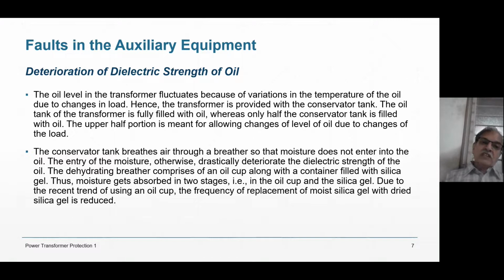So if the dielectric strength deteriorates, then the fault will occur, because its dielectric strength is less and your distance is based on the fresh oil, or if not fresh, at least 150 kV per centimeter. But if it is less than 120 kV per centimeter or 30 kV for 2.5 millimeter, then it can be hazardous.